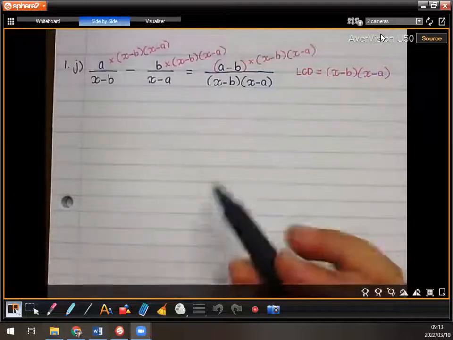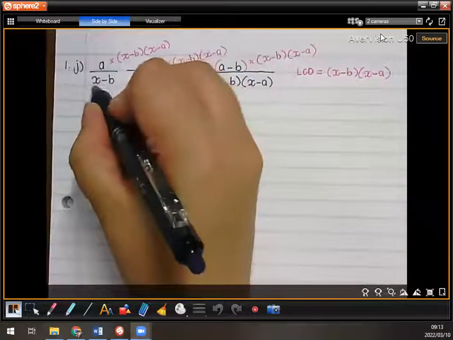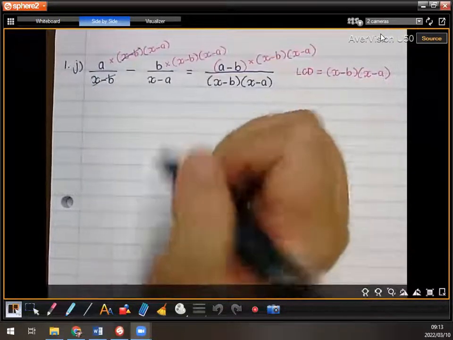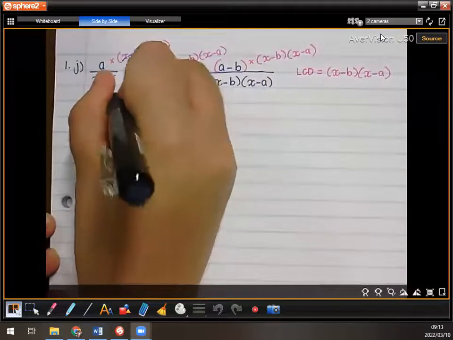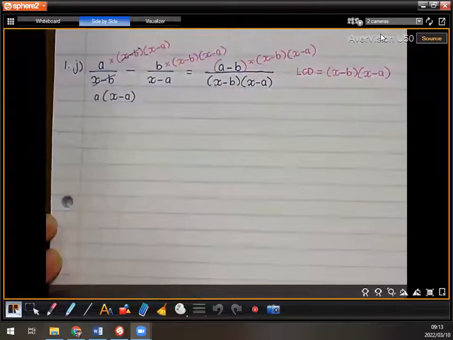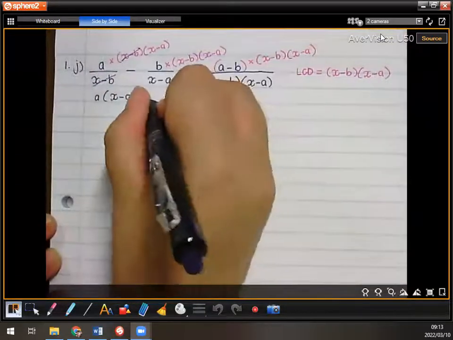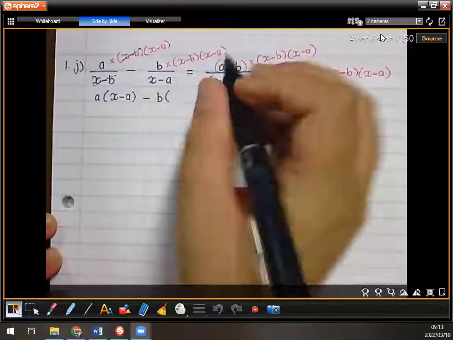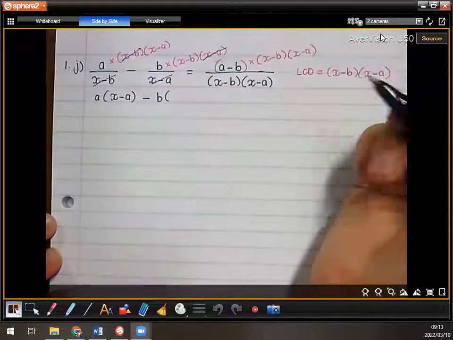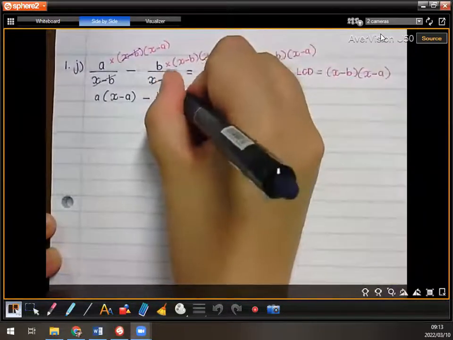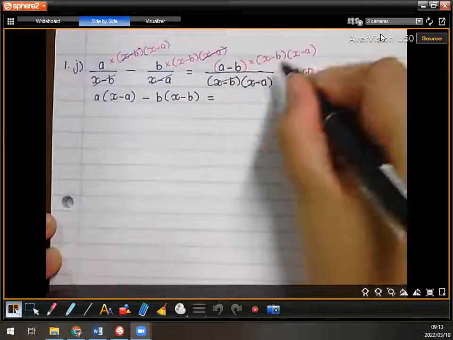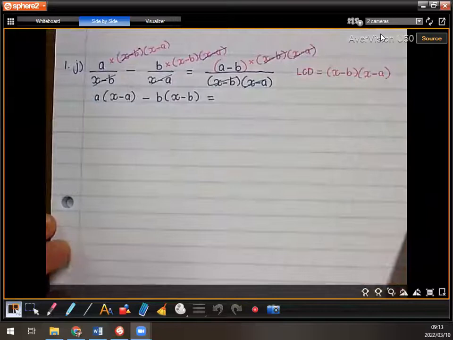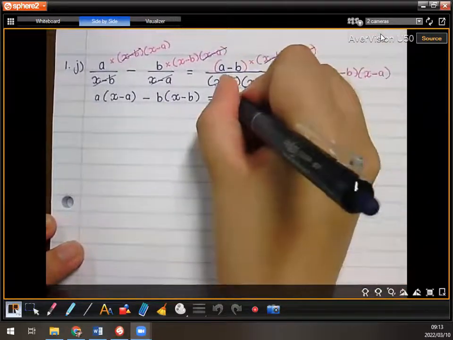Now we can look at what's going to cancel out. From my first term, the x minus b's cancel out, so I'm left with a times x minus a, minus b times, the x minus a cancels out, I'm left with x minus b, is equal to, and in this case both of the brackets cancel out, so I'm left with a minus b.